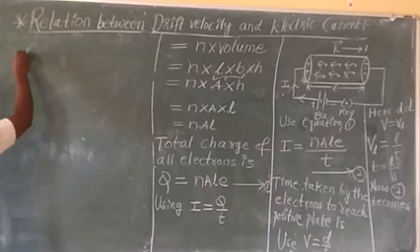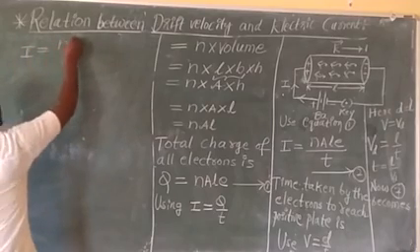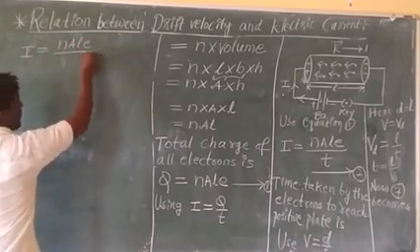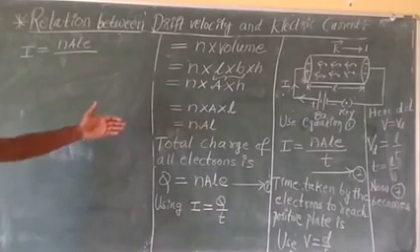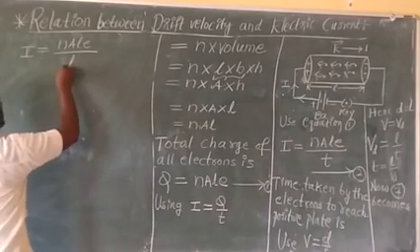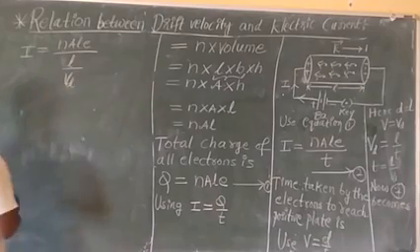See equation number 2: I equals NAL e divided by T. Now you got T equals L by Vd.